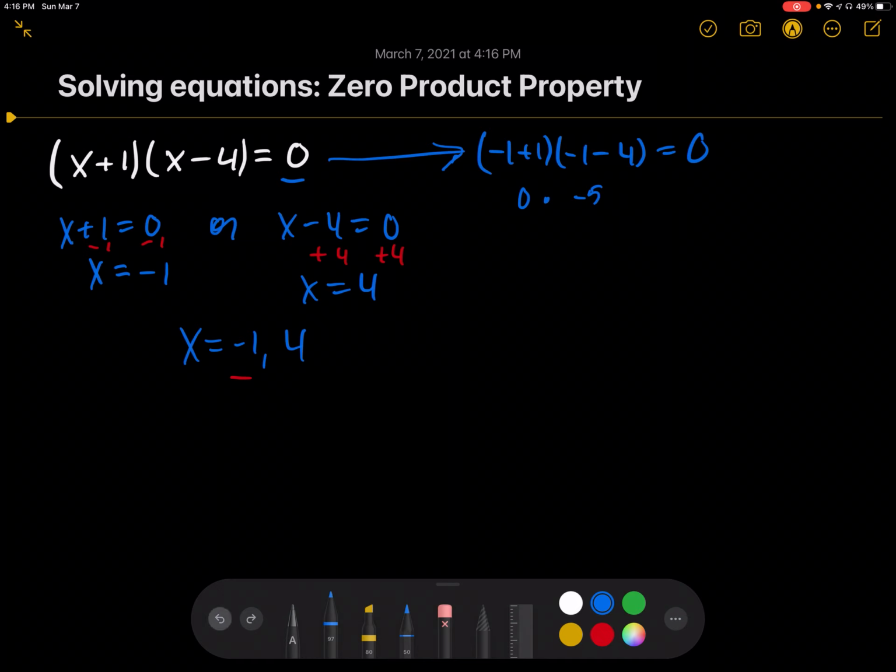Now, say I was to use the 4 instead, the same deal would go for it.